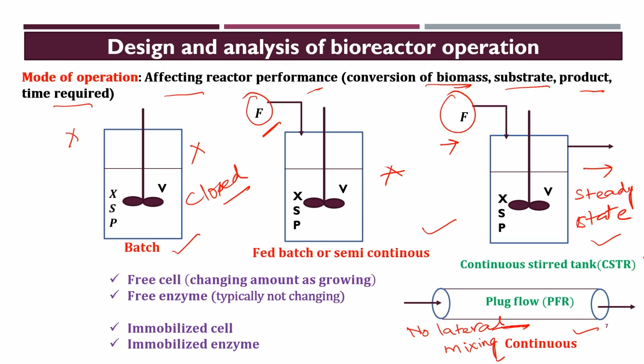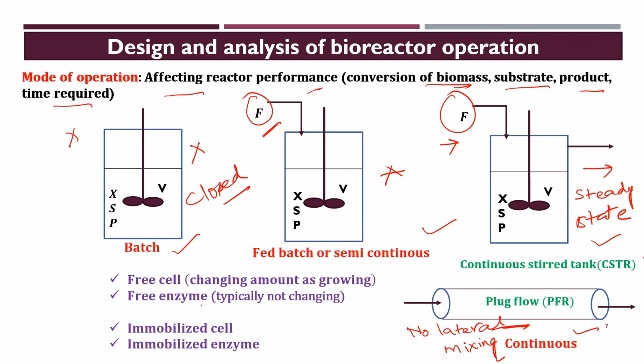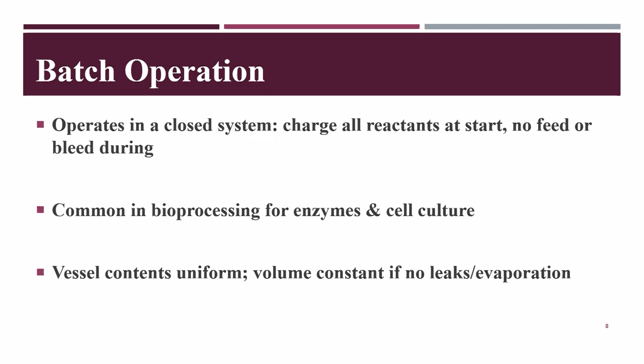Now, when we are operating these types of bioreactors, we need the biological agent, which can be a free cell or free enzyme, immobilized cell or immobilized enzyme. So, we will be considering these biological components while discussing the kinetics of these modes of operation. So, first we will start with the batch operation. It operates in a closed system.